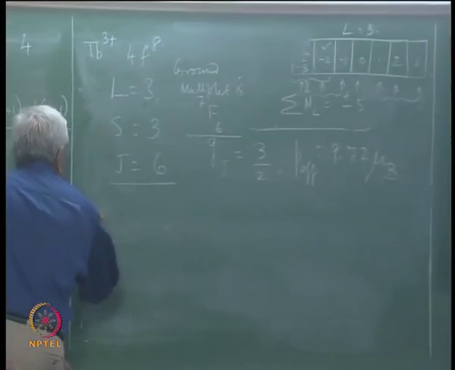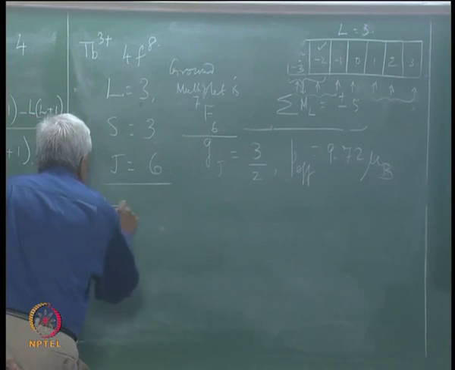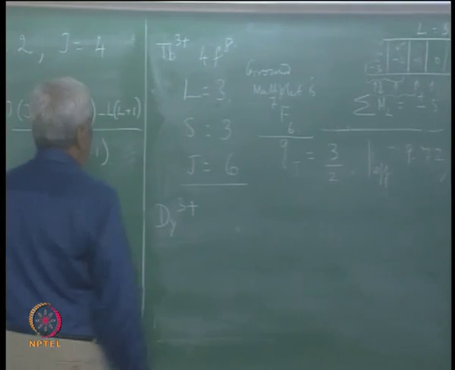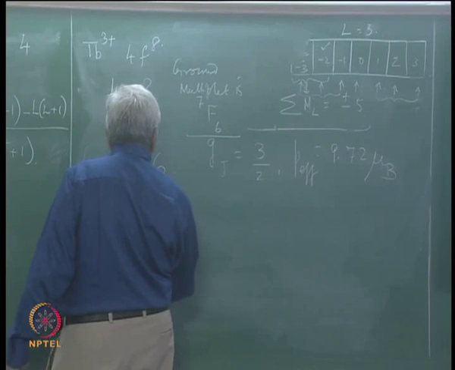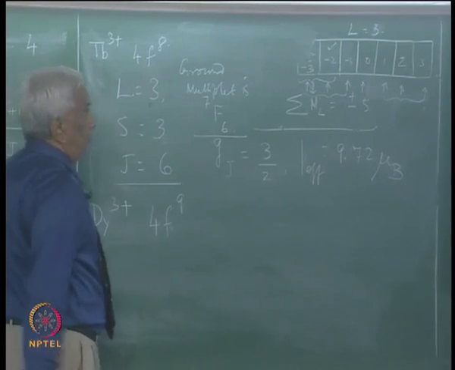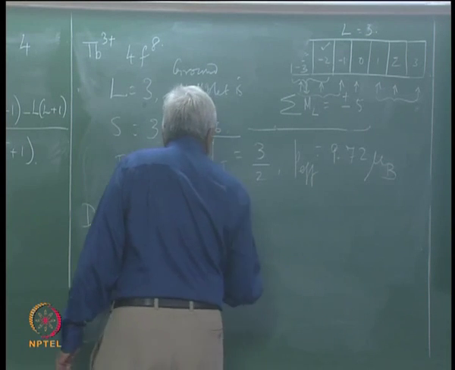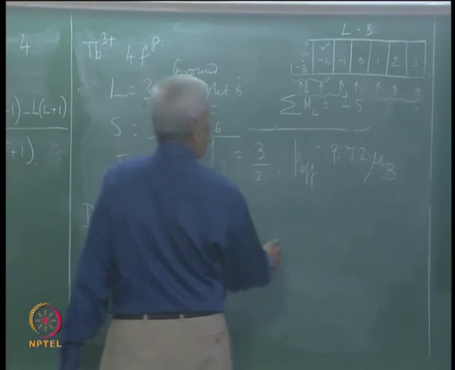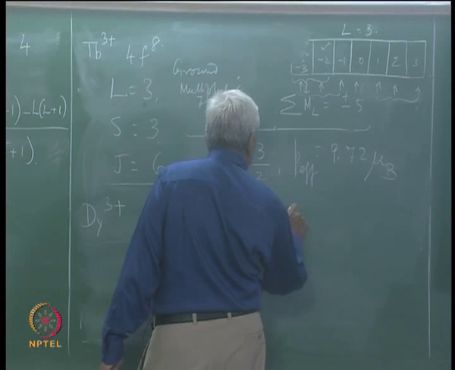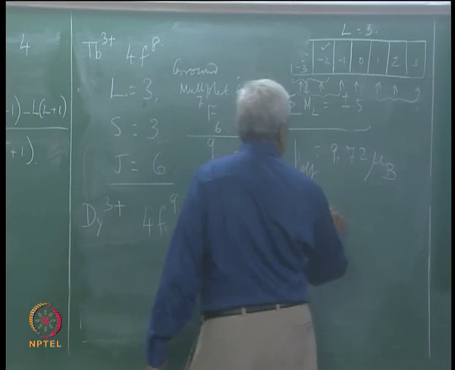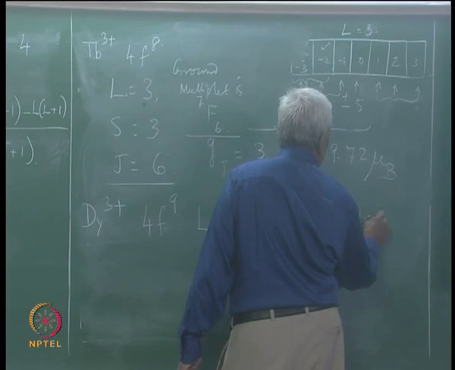Similarly, we consider dysprosium 3 plus, which has 4f9 configuration. The corresponding values are L equal to 5, S equal to 5 by 2 and J is 15 by 2.